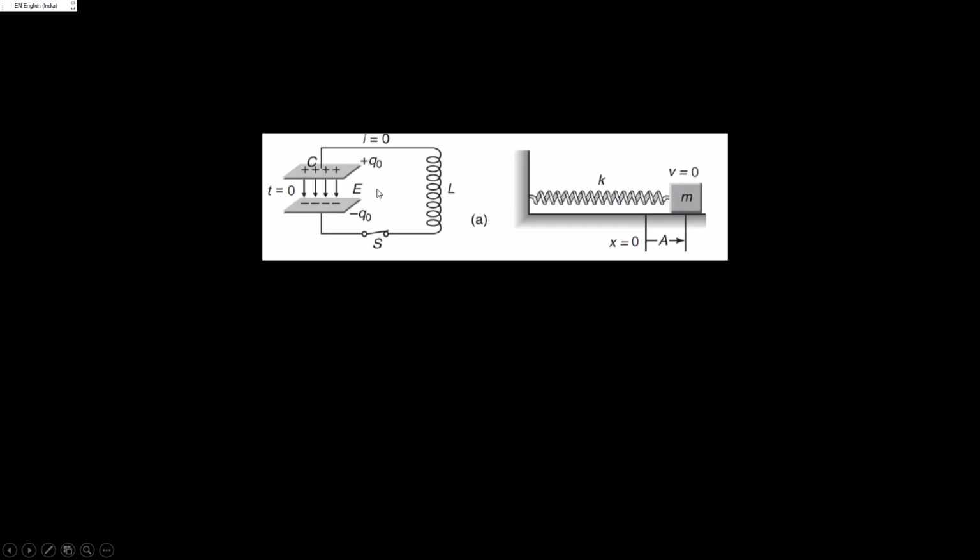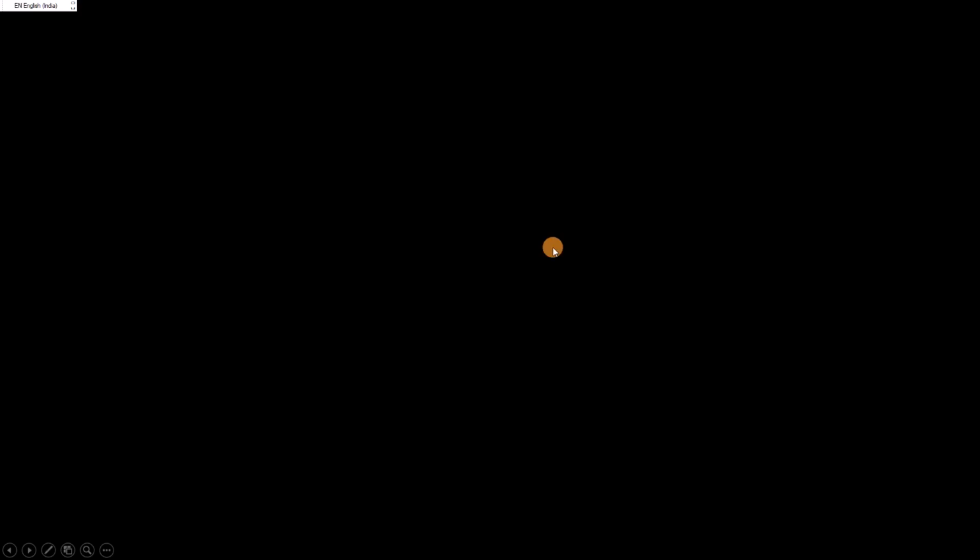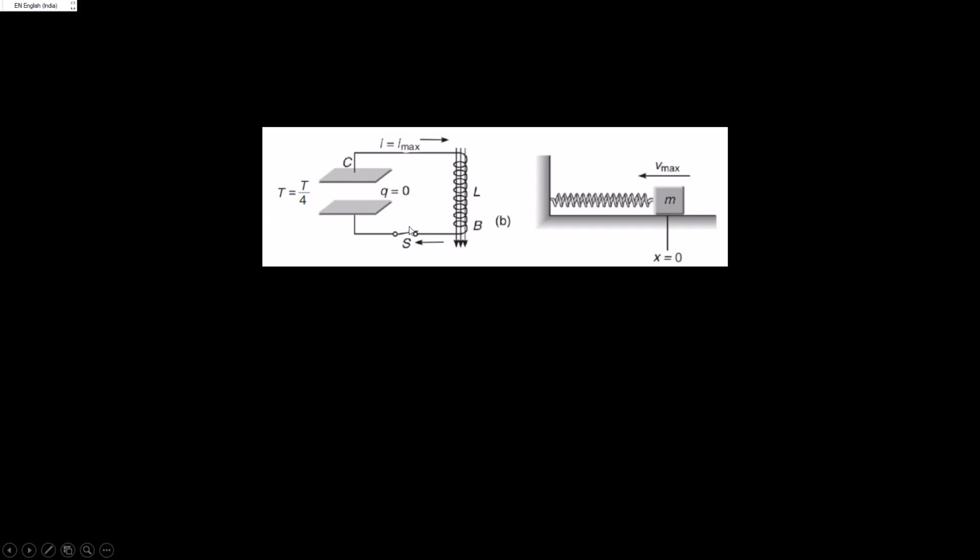The same situation is compared here with a spring of spring constant K and mass M. The mass is not moving when the spring is stretched, but it is displaced with amplitude A. Now at the second stage, when the capacitor discharges, the current in the circuit is maximum. Similarly, the body of mass M is moving with maximum velocity due to the restoring force of the spring.